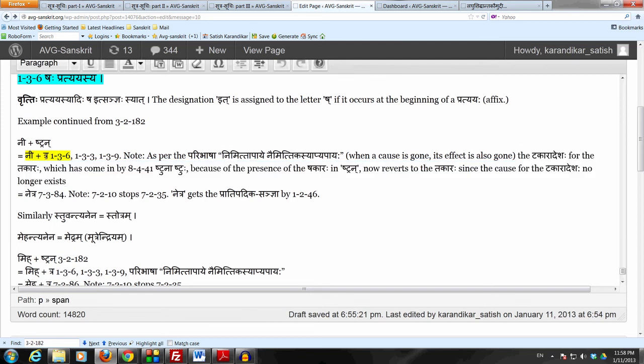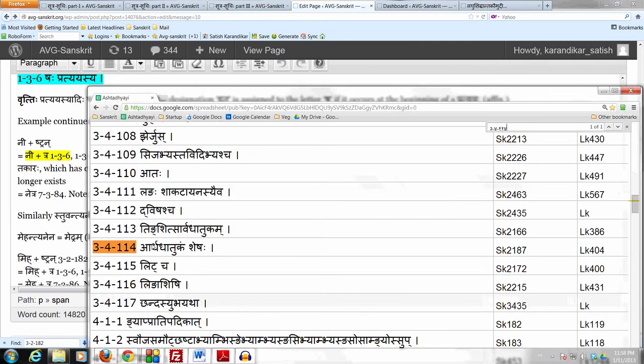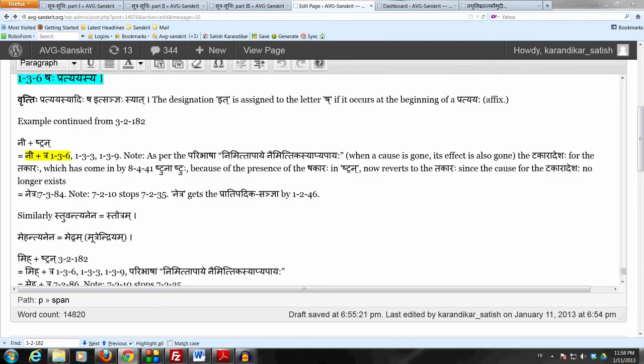Now of course the affix tra has the sanjna of ardhadhatukam by ārdhadhātukaṃ śeṣaḥ 3.4.114, and therefore we apply sārvadhātukārdhadhātukayoḥ and do the guna adesha in place of the ending ikara of ni, and we get the pratipadikam netra. Netra gets the pratipadika sanjna by kṛttaddhitasamāsāścha.